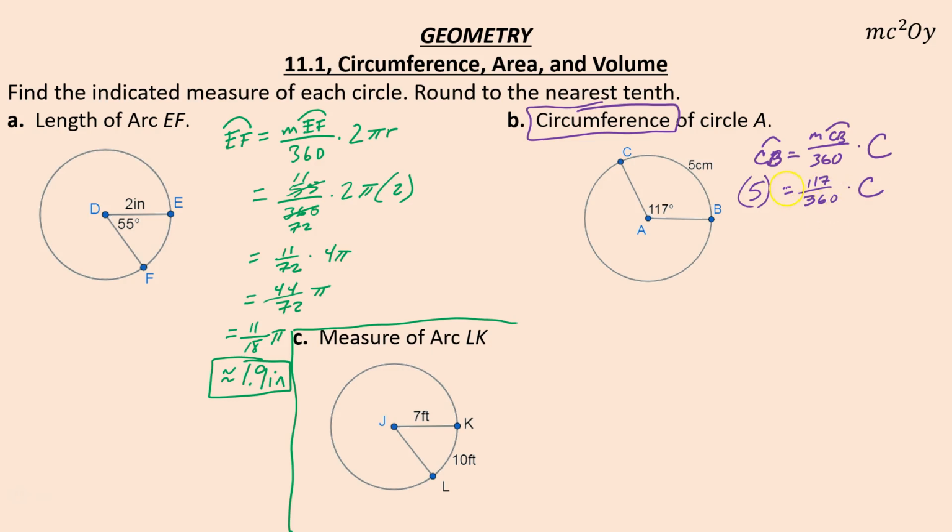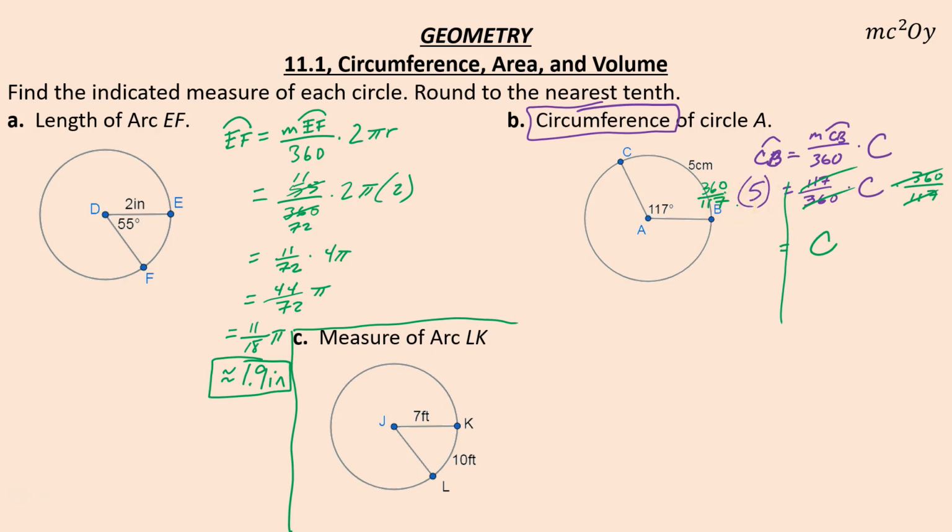Okay, well, to solve that, multiply by the reciprocal here. Okay, so we multiply both sides by 360 over 117. Okay, so using your algebra skills there, notice this cancels, this cancels. We're left with C, and 360 divided by 117 times 5.